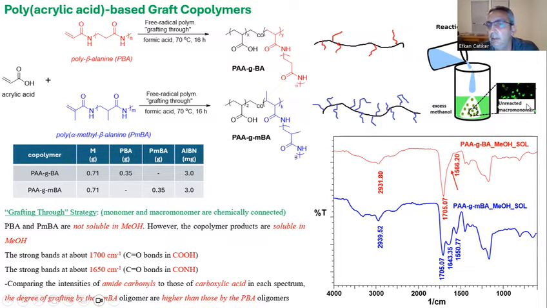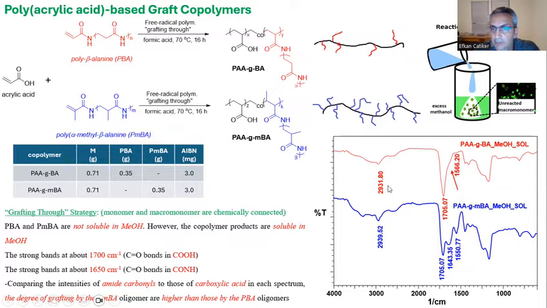They are unreacted macromonomers. As we know, the polyamides are not soluble in methanol. So we chose this solvent to purify the graft copolymer. After filtration, we lyophilized the solution to obtain the graft copolymer.